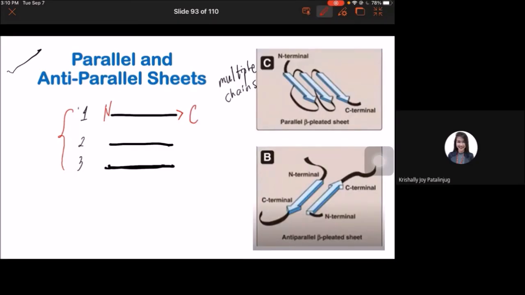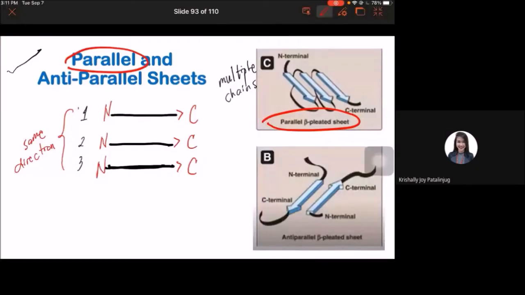The same with the second and third: N-terminus, C-terminus. So they are the same. Pag ganito yung arrangement, obviously, this is parallel. Kapag same direction, that is a parallel beta pleated sheet.